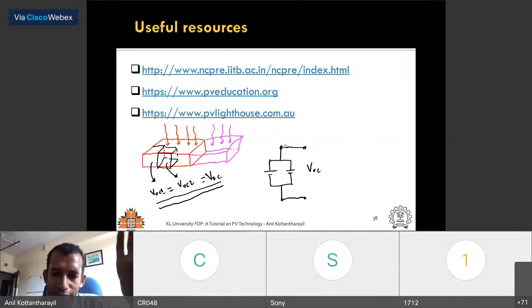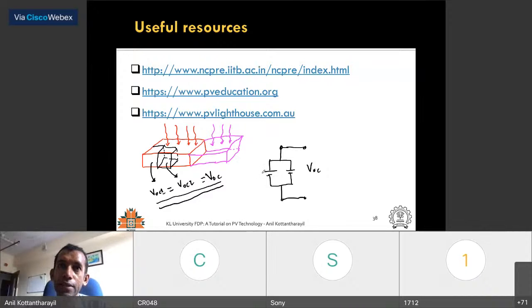The other thing is that if you look at the physics, this argument is very much valid. What happens in the solar cell is that there's something called the Fermi level, which you define in a semiconductor, which is dependent on the concentration of electrons and holes. There's a concept called quasi-Fermi level.